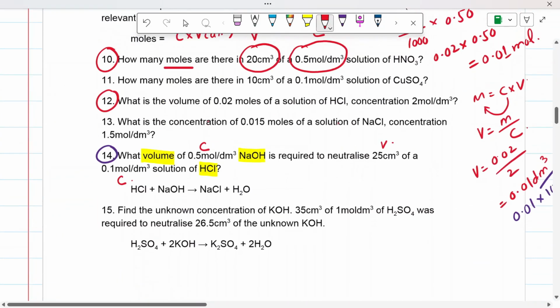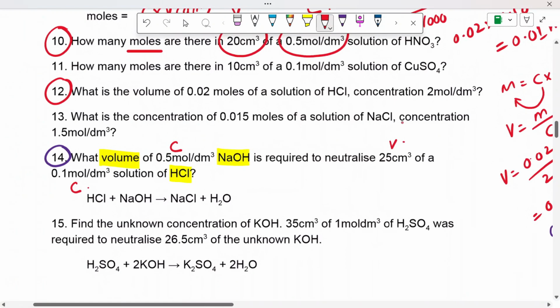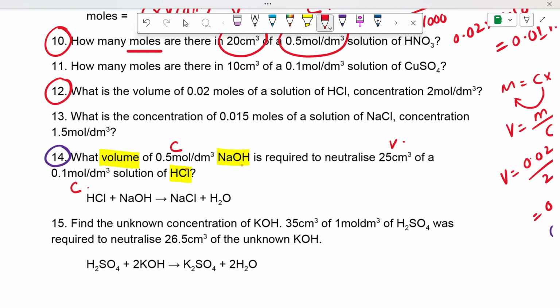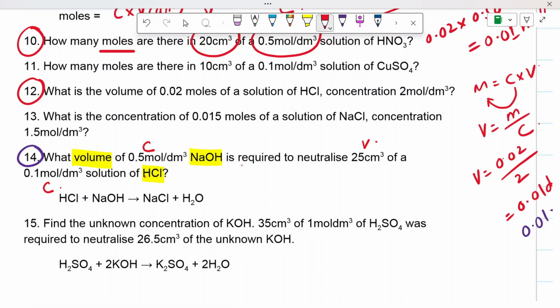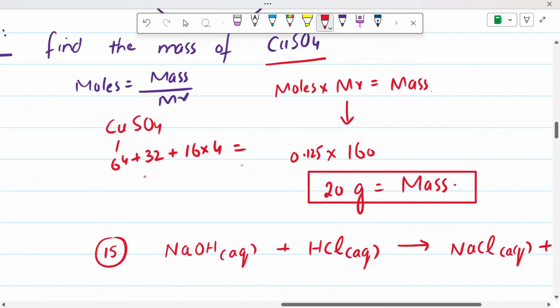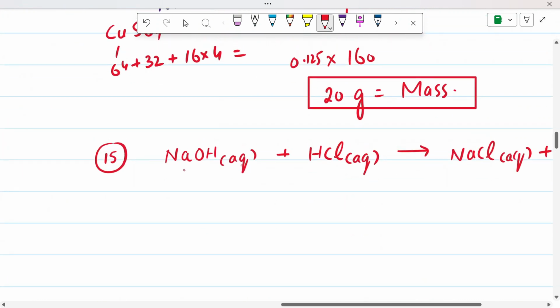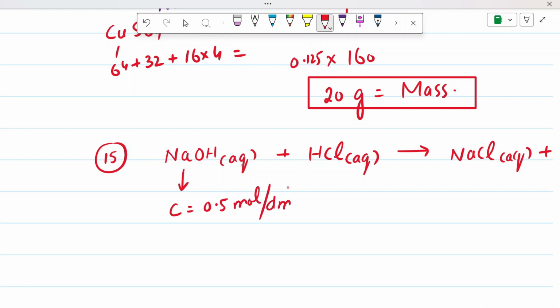Just reread the question. What volume of 0.5 mole per dm cube? Now the concentration of sodium hydroxide is 0.5. So let's write down the concentration. The concentration is 0.5 mole per dm cube, and volume you have to work out.